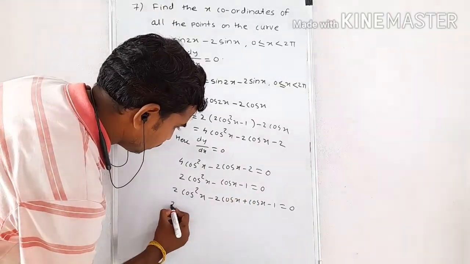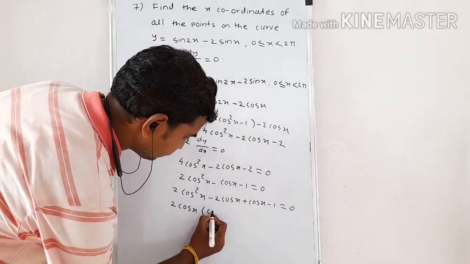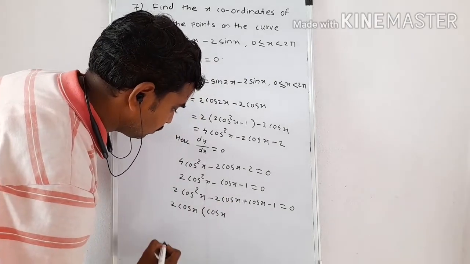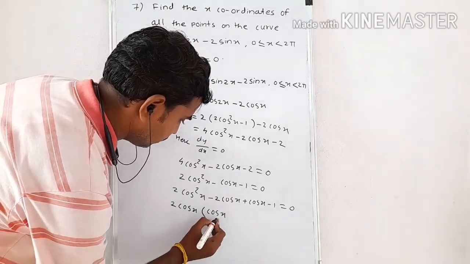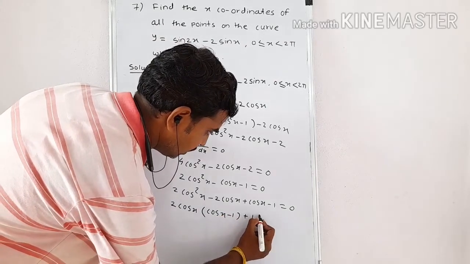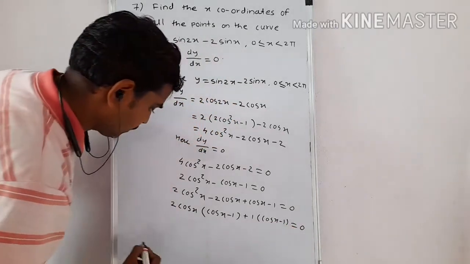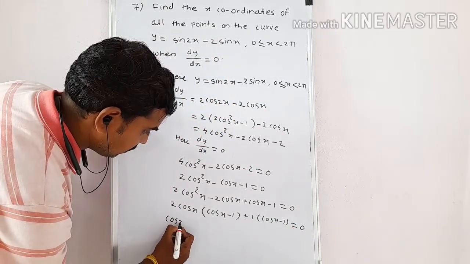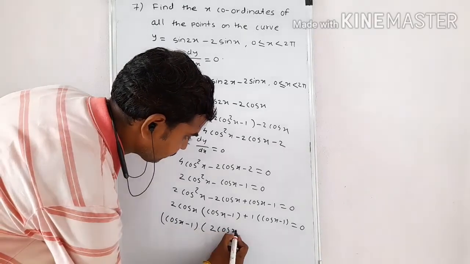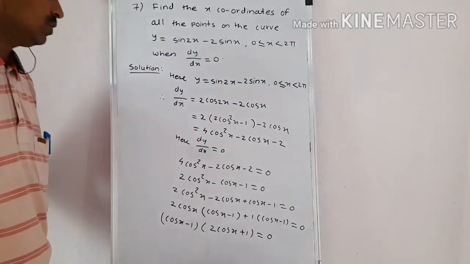Therefore we have to take common 2 into cos x. We have to take common in first two terms 2 cos x, or first term becomes cos x minus 1, plus 1 into cos x minus 1 equal to 0. Therefore here we get cos x minus 1 in first bracket, in second bracket 2 cos x plus 1 equal to 0.